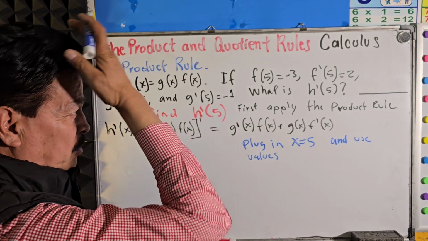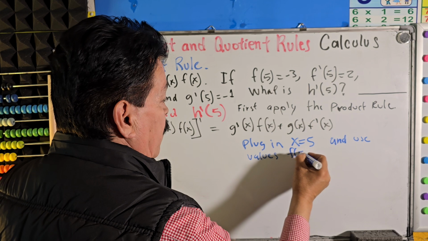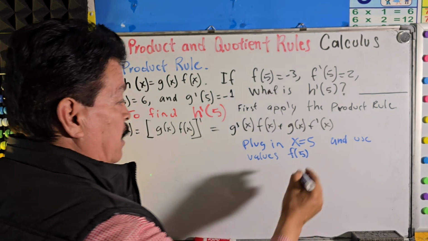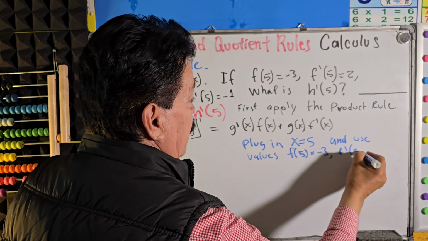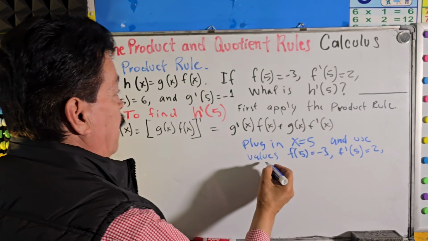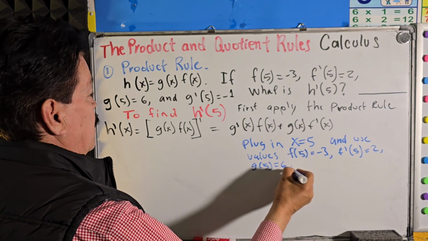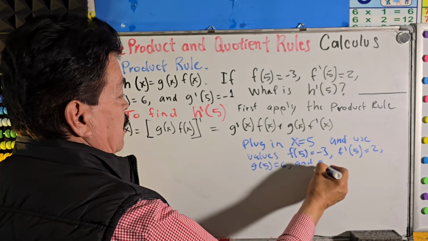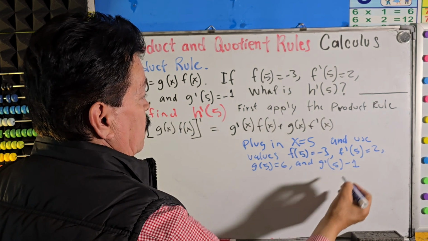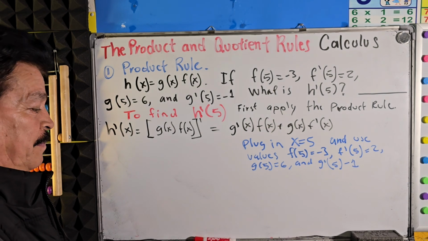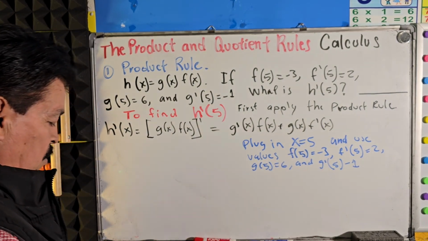What are the values that we have in our problem? We have f of phi equals -3, f prime of phi equals 2, g of phi equals 6, and g prime of phi equals -1. This is our data. Now substitute those values.